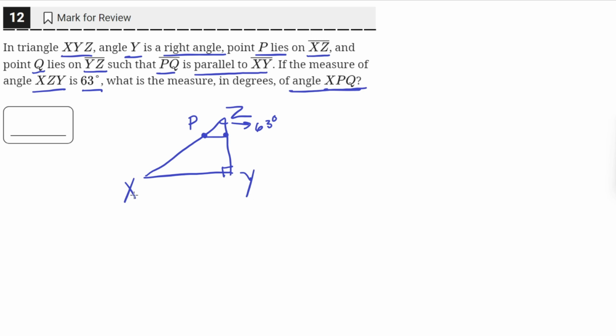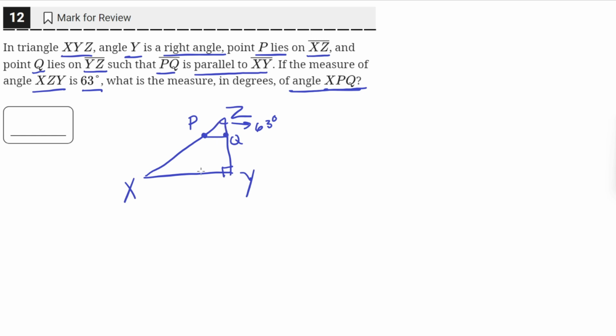So we need to find the measure of the angle XPQ. So we're given that this is a right angle and the measure of this angle, and that there's this horizontal line here that's parallel to XY. And what this means is that this triangle inside here is similar to the outside triangle. That's because of the angle-angle theorem.